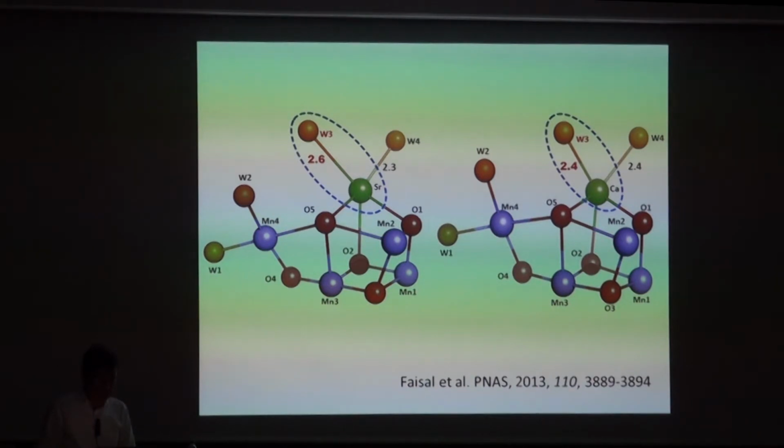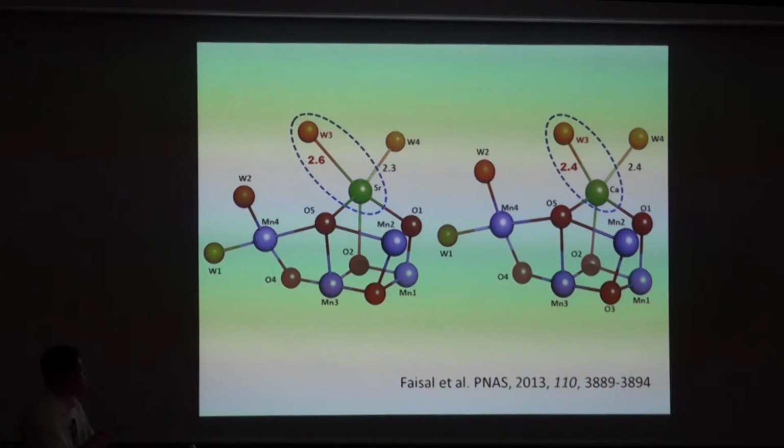And these changes may have caused the decrease in the water splitting activity, which suggests that water-3, W3, is the water molecule that has an important role in water splitting. And based on this, we can suggest that water-3 provides the second oxygen for O-O bond formation.